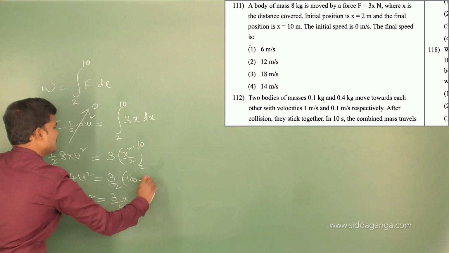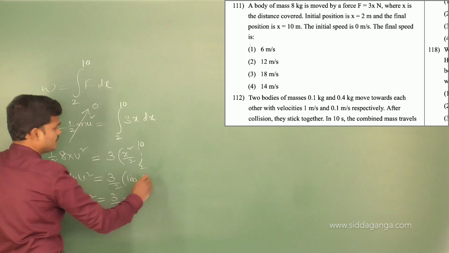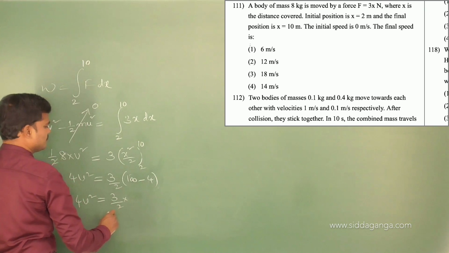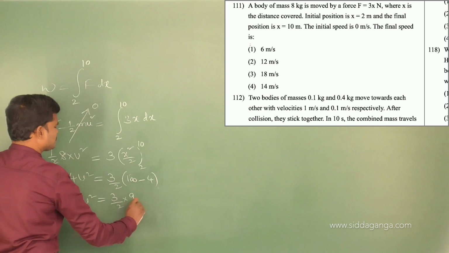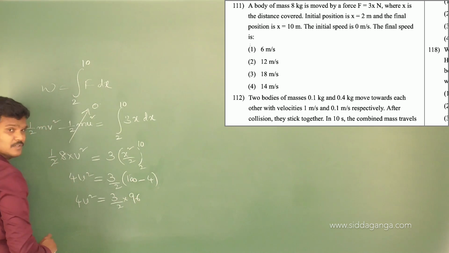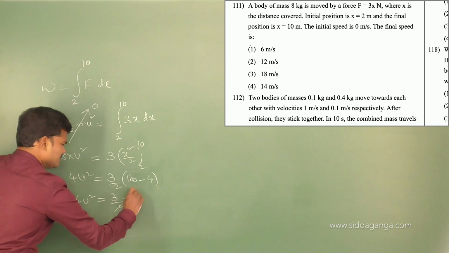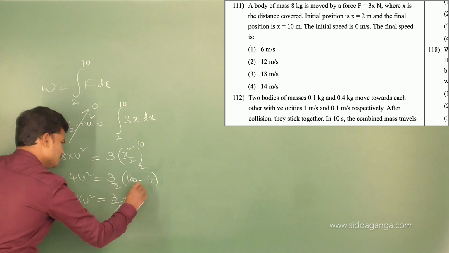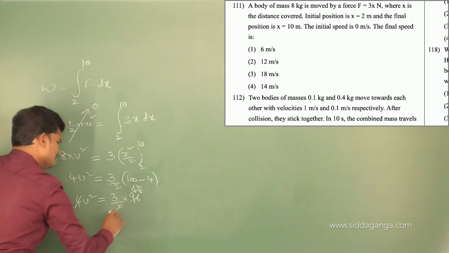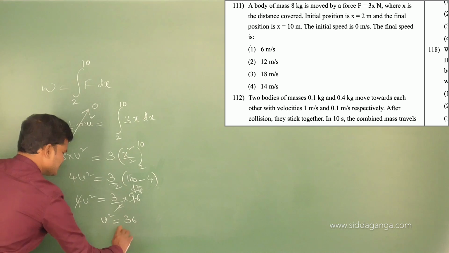100 minus 4 for the lower limit. Okay, so 3 by 2 into 100 minus 4, how much is it? 96. Half of that is 48, times 3 is 12 times 4... So v square is equal to how much? 36.